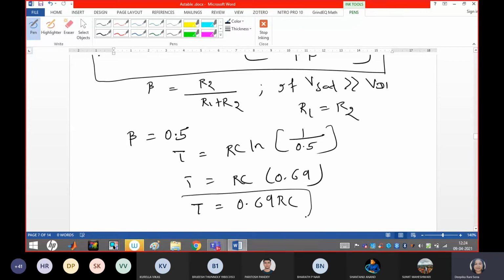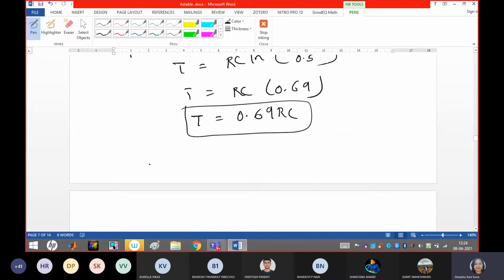This value also you have to remember, guys. This is the practical equation: if R1 and R2 are equal, then you get 0.69 RC as the time period. So the frequency of oscillation is 1 by time period.